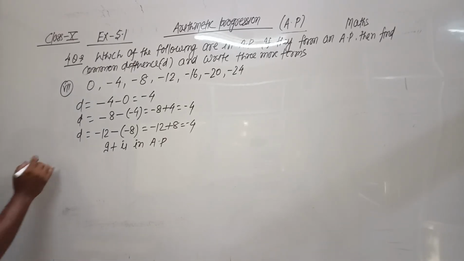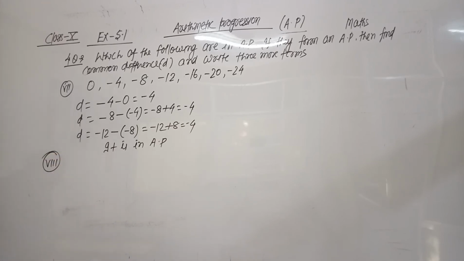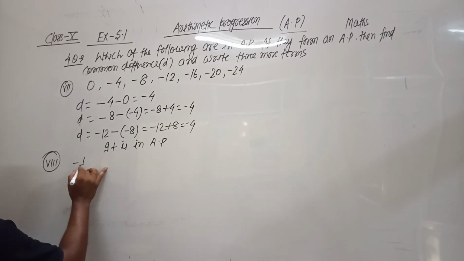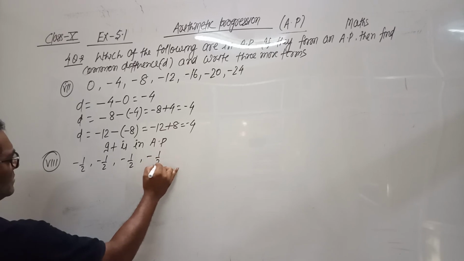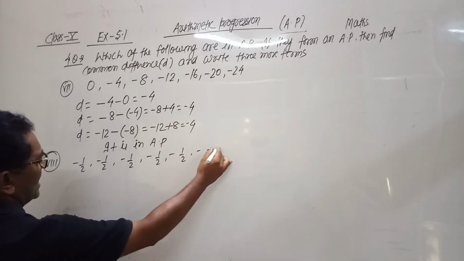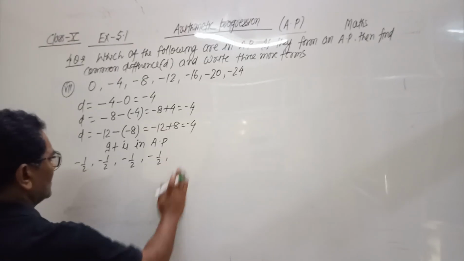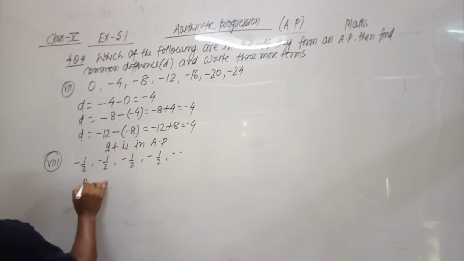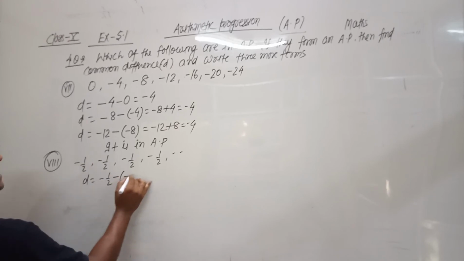Part 8: minus 1 by 2, minus 1 by 2, and so on. So find the common difference. D equals minus 1 by 2 minus minus 1 by 2.